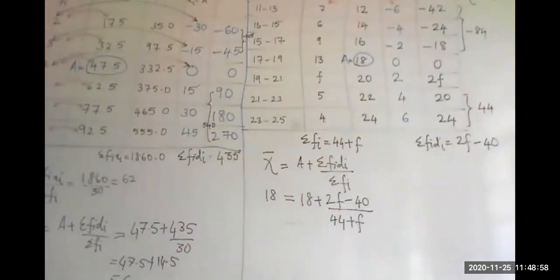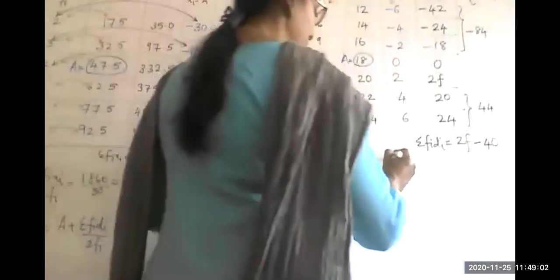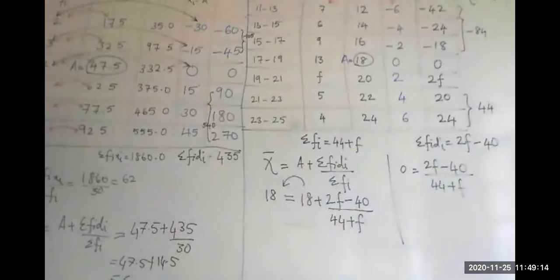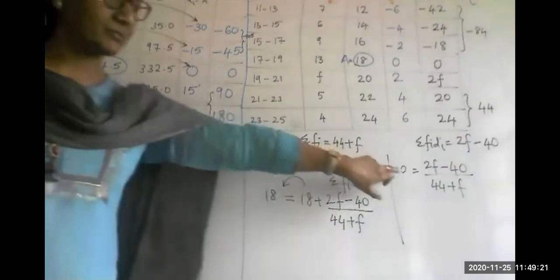Do you think you will be able to do this? First transpose 18 here. So 18 minus 18, you are going to get 0 on the left hand side. That is equal to 2f minus 40 divided by 44 plus f. I have transposed 18 to the left hand side, so 18 minus 18 has become 0.